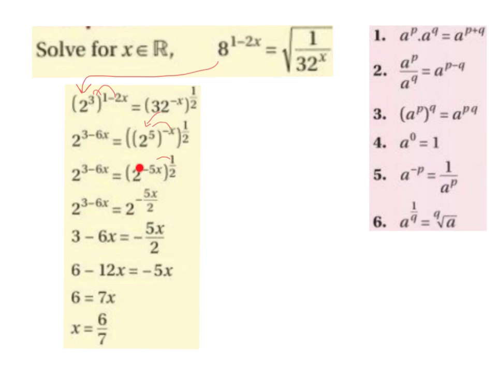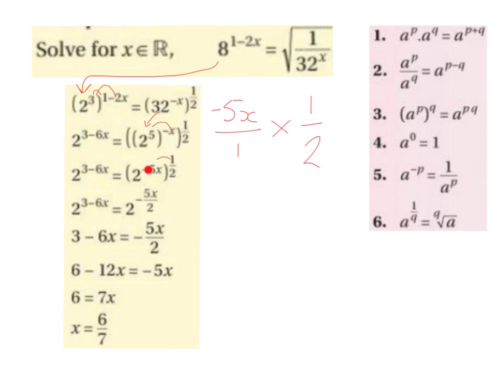So I'm going to do this step out over here on the right hand side because it's involving fractions. So minus 5x I can actually put over 1 because I can put any whole number or whole term over 1. And I'm multiplying that by a half.